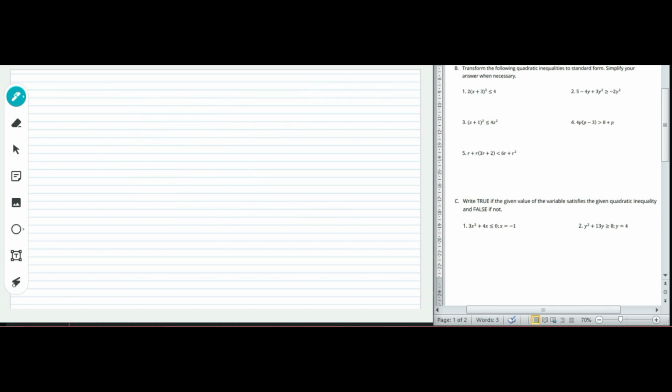So, another example, number 2, we have y squared plus 13y is greater than or equal to 8. Will y equals 4 satisfy this? Let's see. So, that will be 4 squared plus 13 times 4 is greater than or equal to 8. And then, we have here 4 raised to 2, the answer is 16.